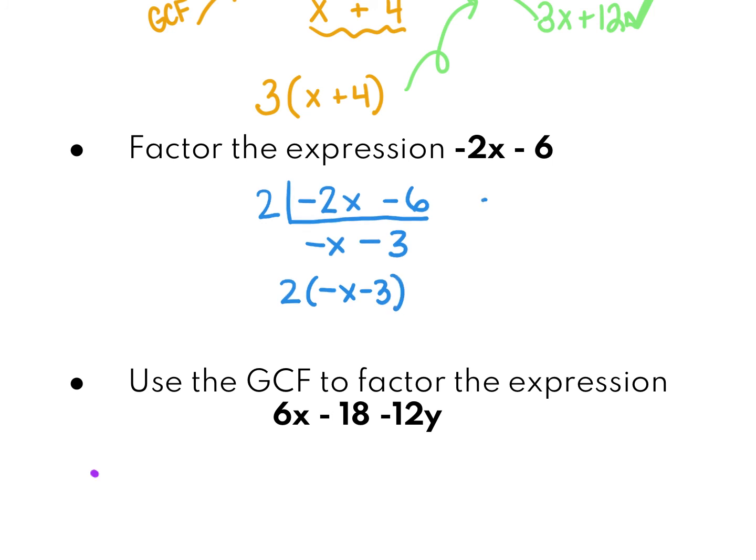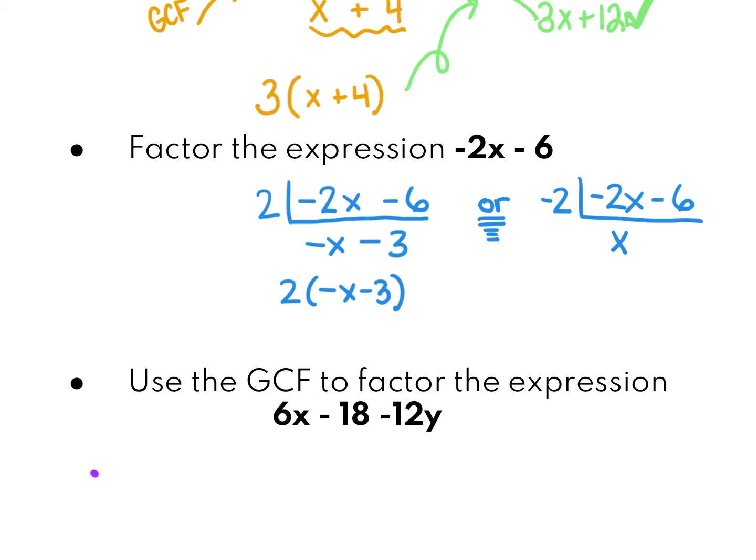There is one other way to do this. You might have noticed this when I did it the first time, we could have taken a negative 2 out here. If I noticed that both of these are negative, I could factor out a negative 2, and that is fine as well. So that would leave me with x.